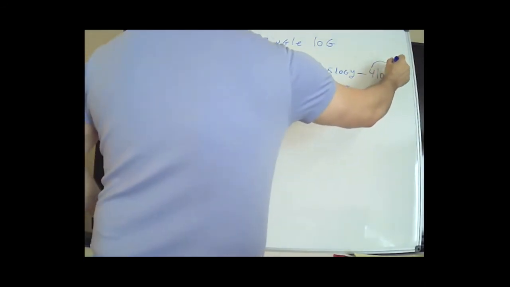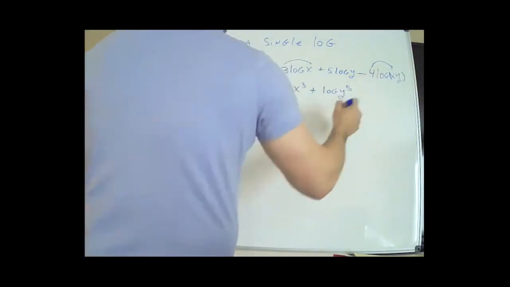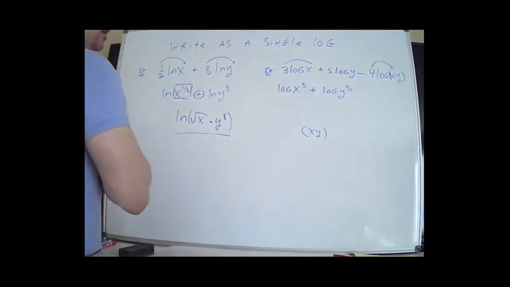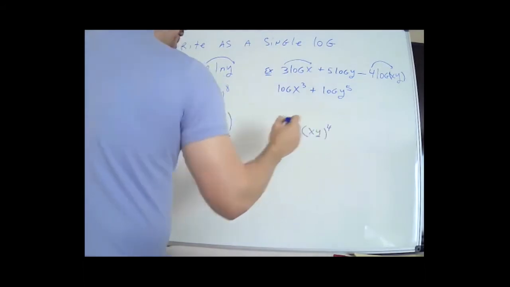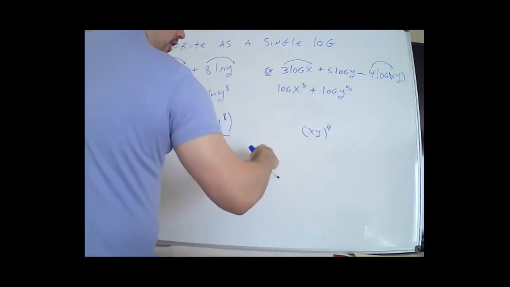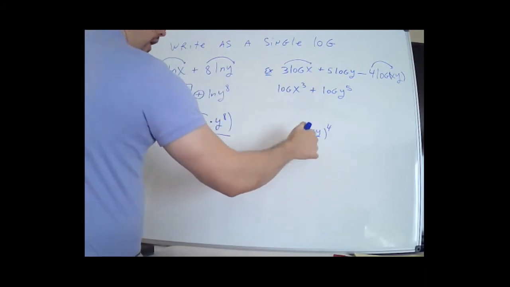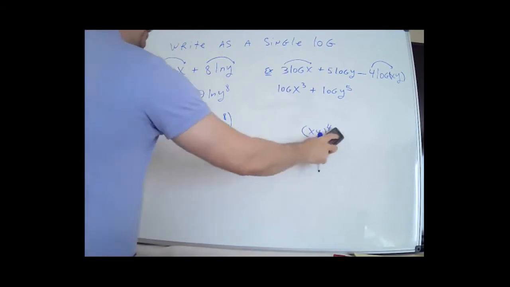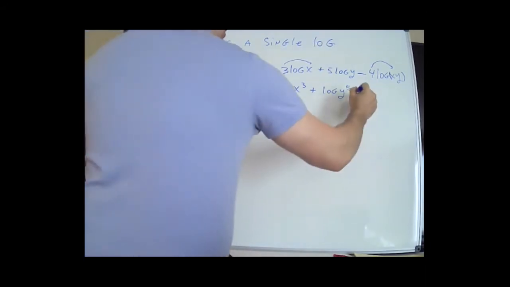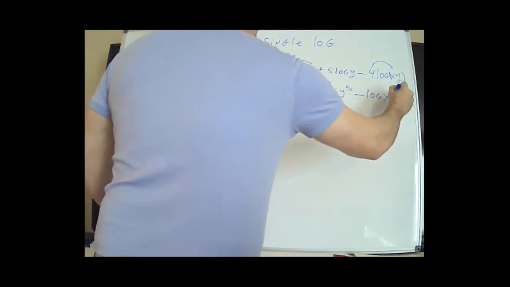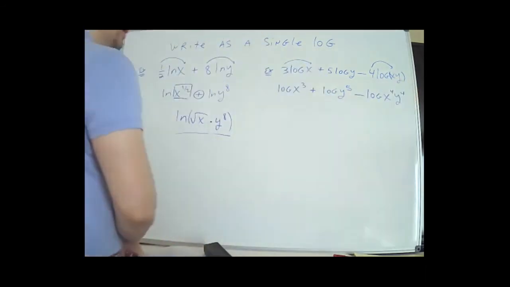I'm going to move the 4, but you have xy there. So when you do that to the 4th power, you have xy, xy, xy, xy. So you have 4 x's and 4 y's. So this is x^4 y^4. You have to be very careful with that part. So minus log x^4 y^4, okay?